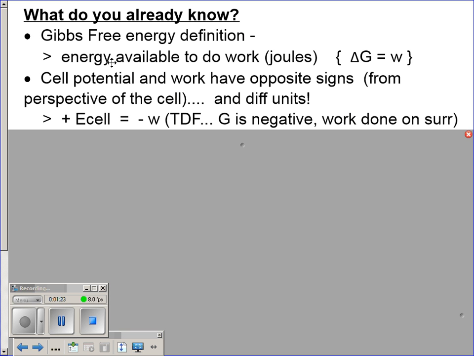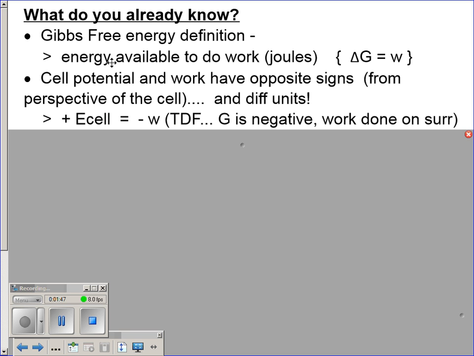Negative, because the system is losing the energy because it's giving it to the surroundings as it expands and so forth. If the surroundings is doing work on the system, like through compression, the sign of W is positive because we're talking about from the system's perspective. So we will play with that a little bit, but it'll be pretty well defined when we get this interplaying with batteries here.